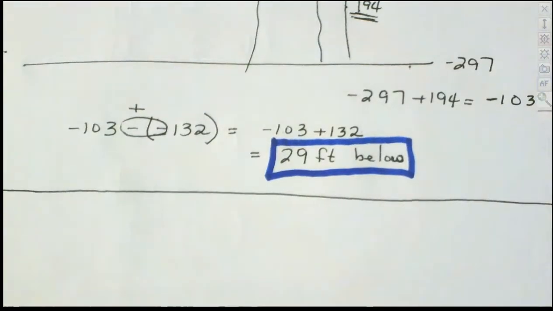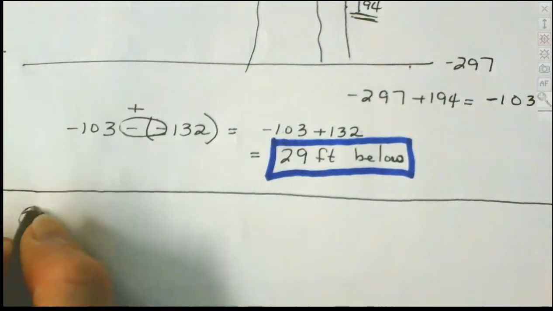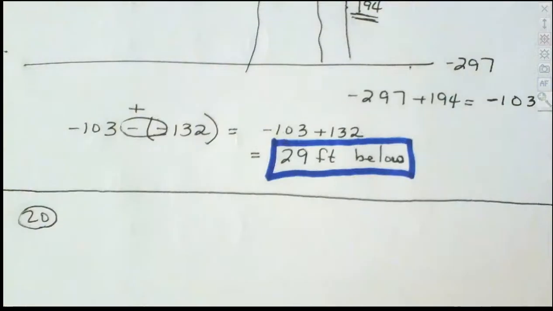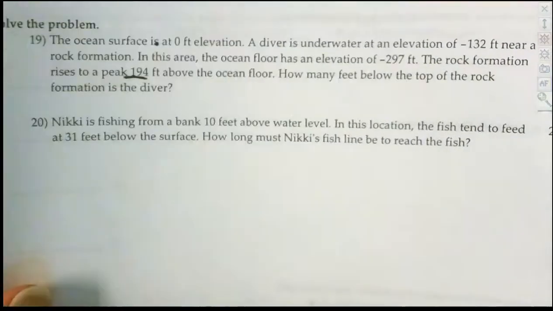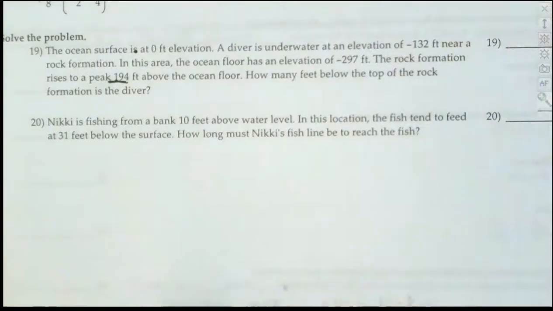That was question 19. Question 20 is similar but a little bit different. I think 20 is a little bit easier. And again, the way we handle these applications is we read them, and we go back and look at each piece, and we try to figure out what needs to go where.